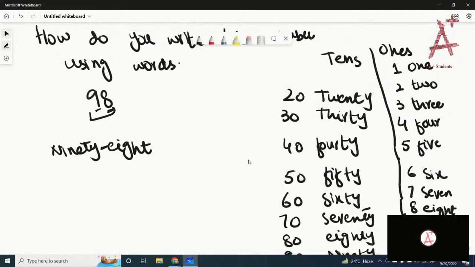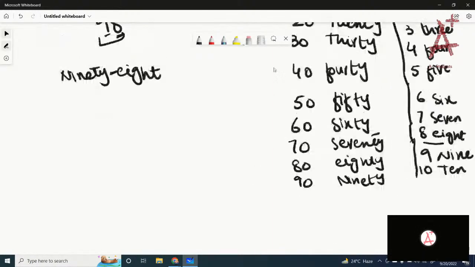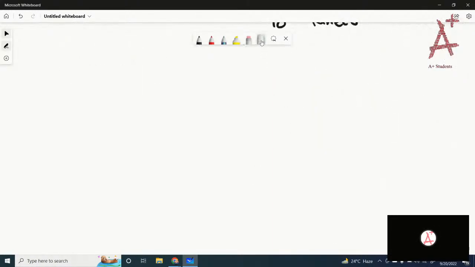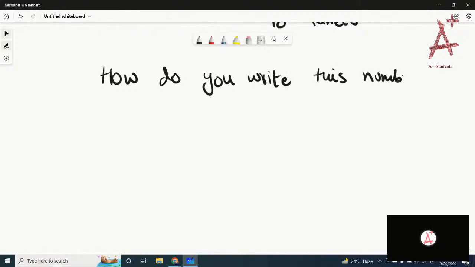Okay. The next one is, how do you write this number using digits? Okay, now we have to write the number using digits.